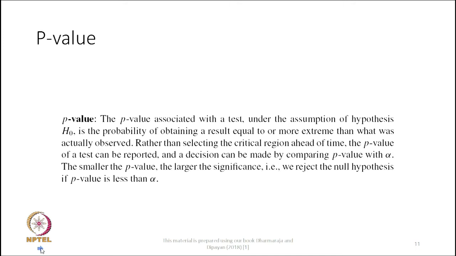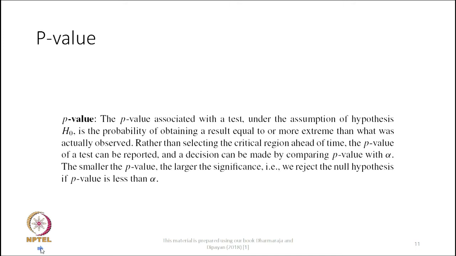The same way the p value is also important in the testing of hypothesis. I have given the definition of p value. As simple as it is, the smaller the p value, the larger the significance. That is, we reject the null hypothesis if p value is less than alpha.